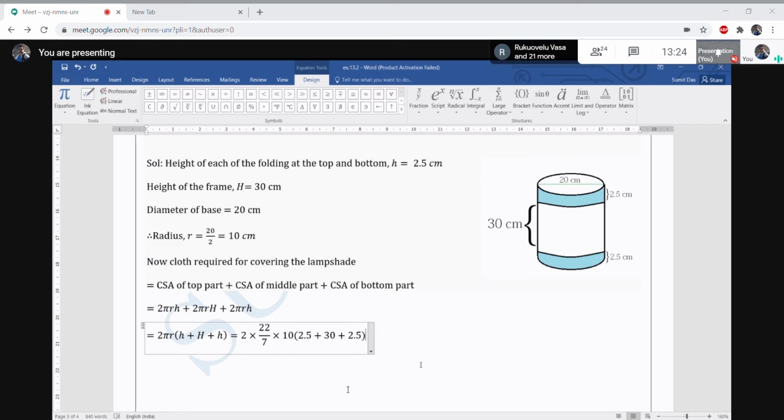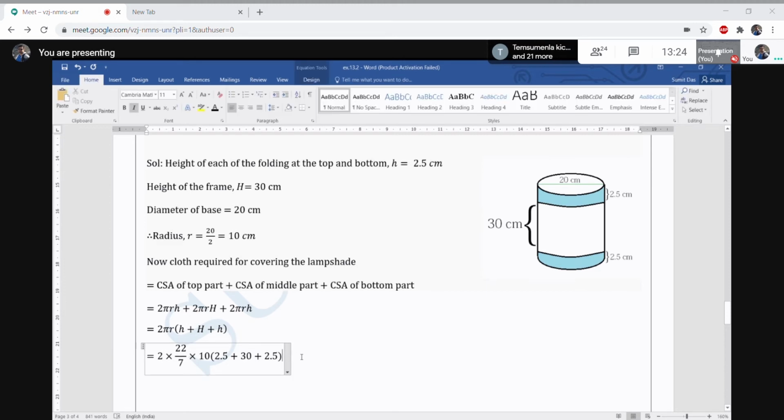If you simplify this one, you'll get 44 by 7 into 10 into, inside the bracket, 30 plus 2.5 plus 2.5, it will be 35. Then 35 and 7 you can cancel, it will be 5.